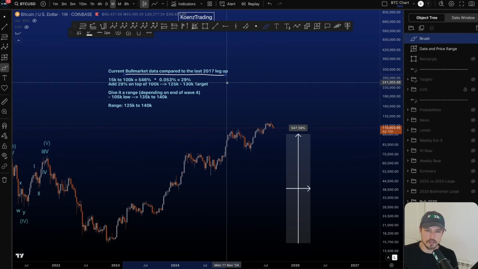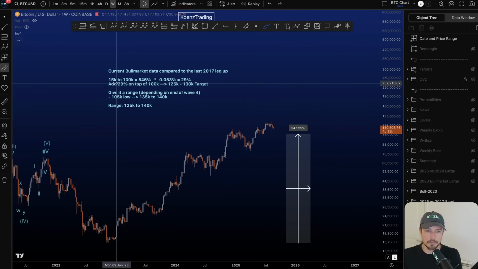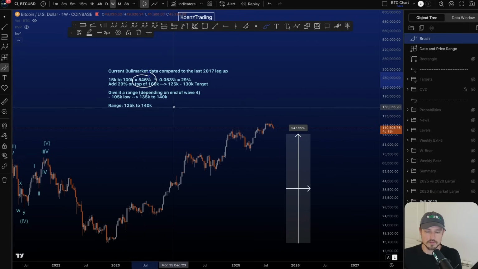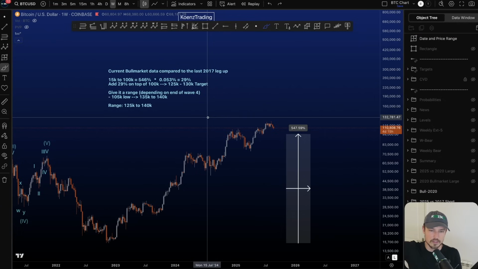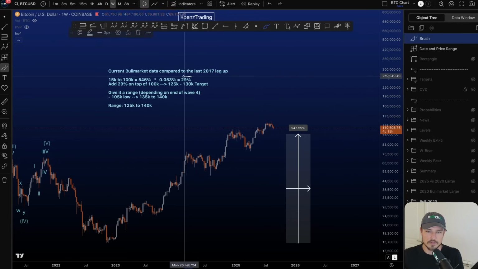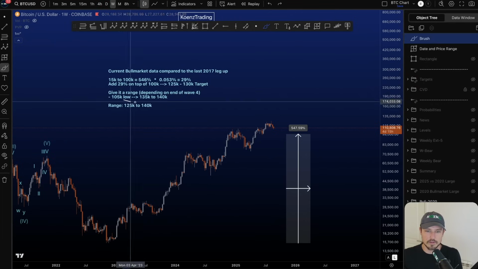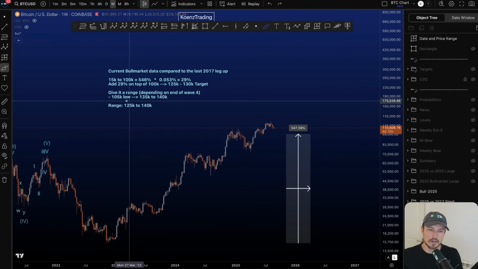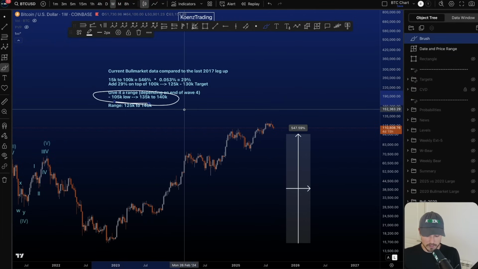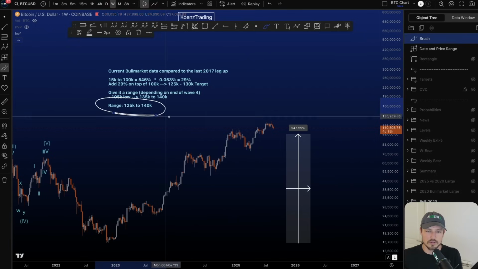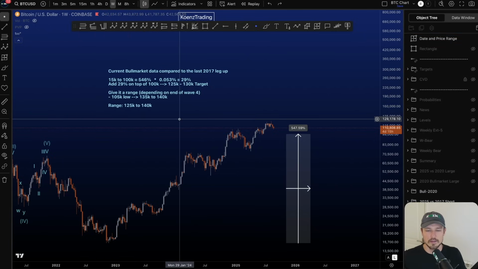Current bull market data compared to the last 2017 leg up: 15K to 100K, 546%, times 0.053, which was the last leg up in 2017, gives you 29. Add 29 on top of 100K, and your target is 125 to 130K. Give it a bit of a range, depending on the end of wave 4, then 135 to 140K. So basically your range is 125 to 140K, which would be the lower end of a bull market target.